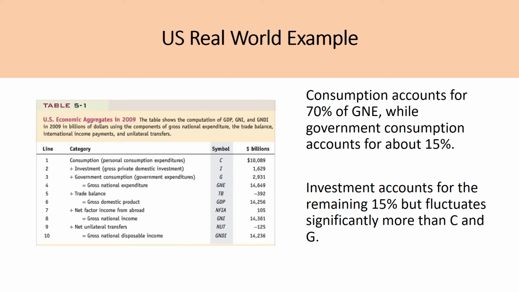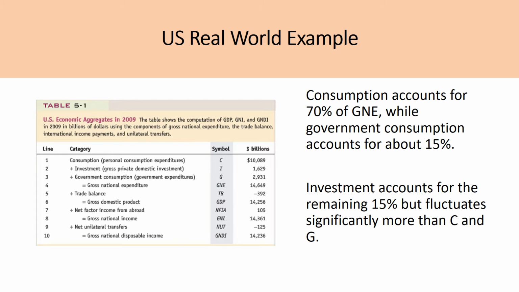Okay, so just talking again about consumption and gross national expenditure. Consumption makes up about 70% of GNE, while government consumption accounts for about 15%.